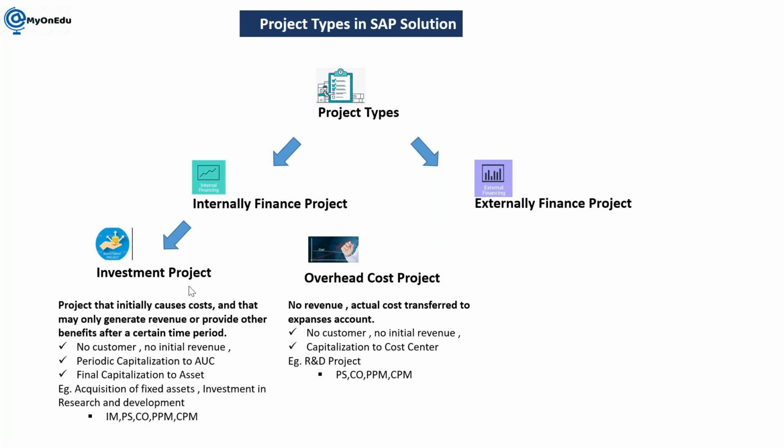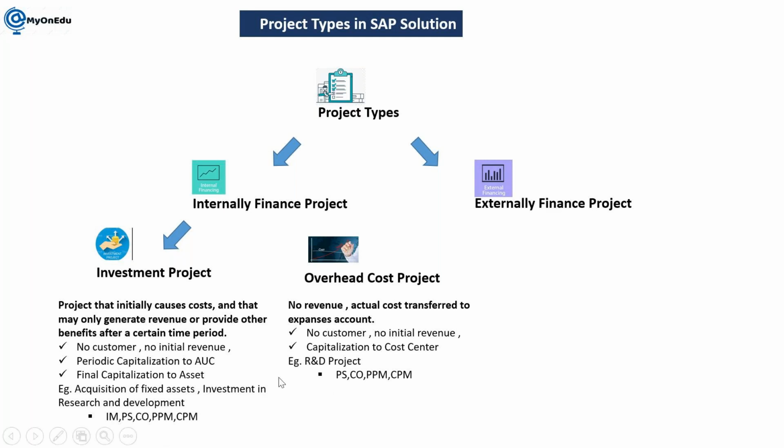That is my ROI, return on investment. To implement this kind of solution, these are the major modules we use: investment management, project system, controlling, PPM and CPM. This is just one idea of where we can focus.